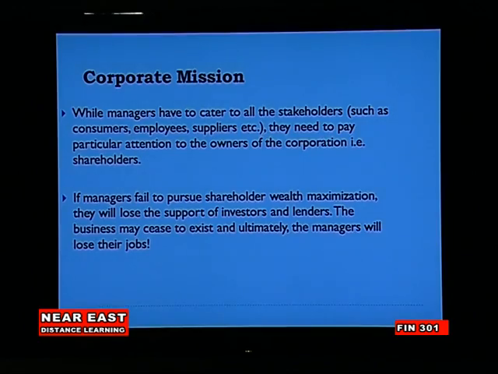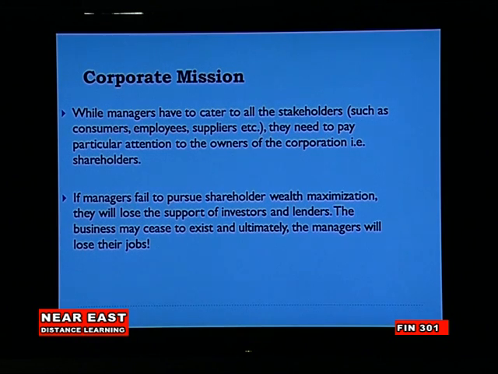Now, while managers have to cater to all stakeholders, such as consumers and suppliers, they need to pay attention to shareholders, the owners of the company, because the owners elect the board of directors yearly, who elect the manager. The manager is responsible for all activities in the company, and also responsible for the performance.